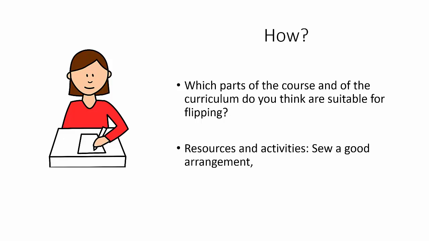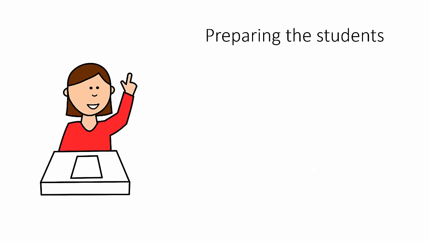Second, regarding resources and activities, combine a good arrangement where both the material that is to be flipped and the activity in the physical meetings with the students are thought through. Think variation. Remember, teaching arrangements with flipped classroom should be thought of as a whole. What the students do outside the classroom should be the starting point for the further work in the classroom.